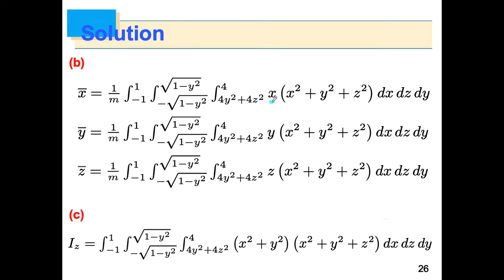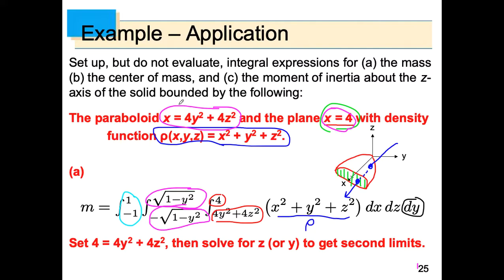It's simply x times the density function itself. And you'll notice that the limits are exactly the same for not only x bar, but y bar and z bar. And they're all being divided by 1 over the mass. Well, what's 1 over the mass? 1 over the mass is what we got in the previous section. So this is mass right here.